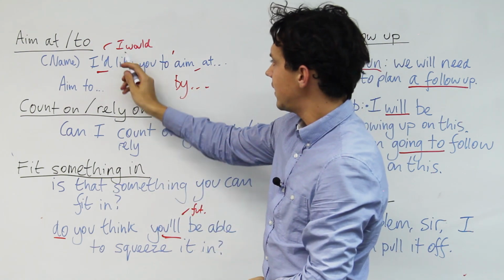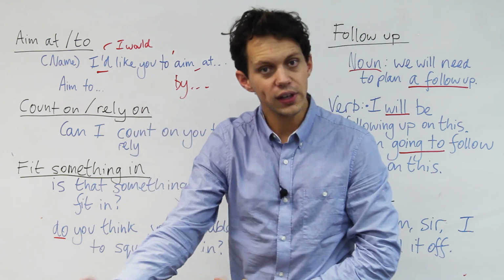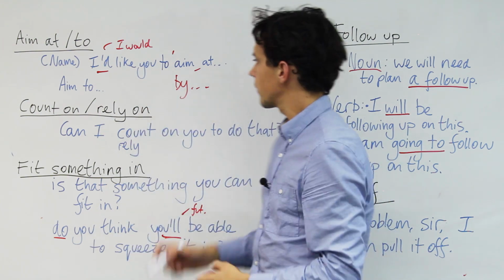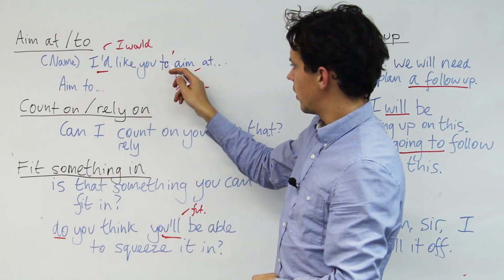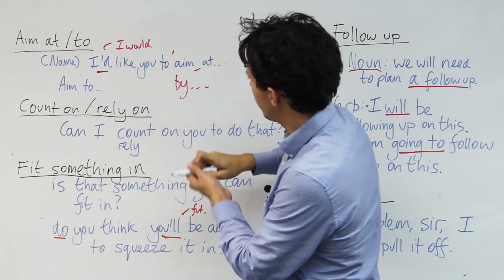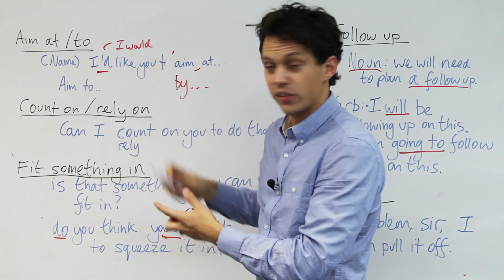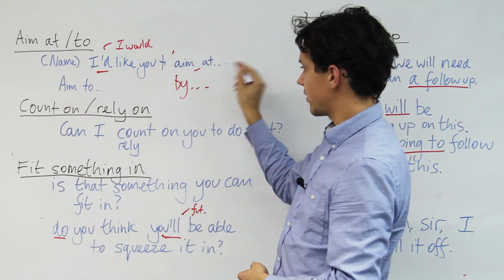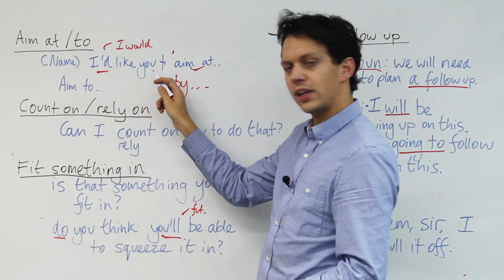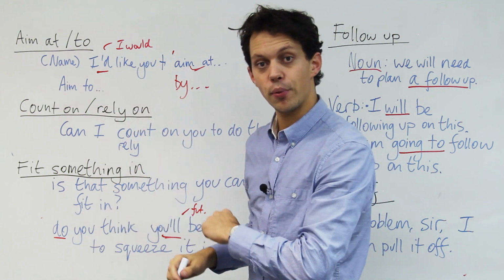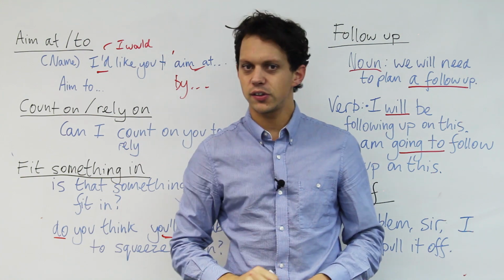I'd, obviously that's short for I would like you to do this. And now in terms of the pronunciation, I'd like you to aim, so we shorten, we don't pronounce the O and it just becomes to aim at. So this kind of all goes into one word. Bob, I'd like you to aim at finishing that presentation by Tuesday morning.